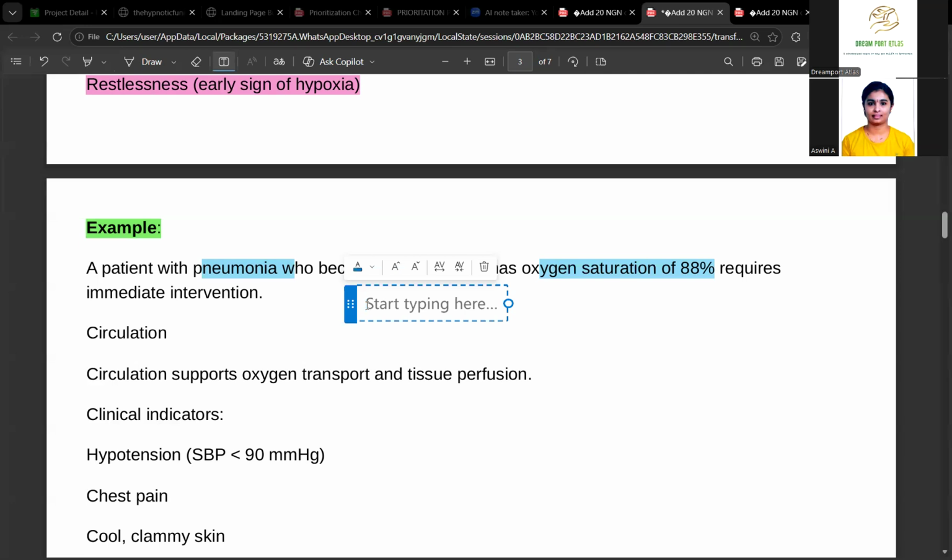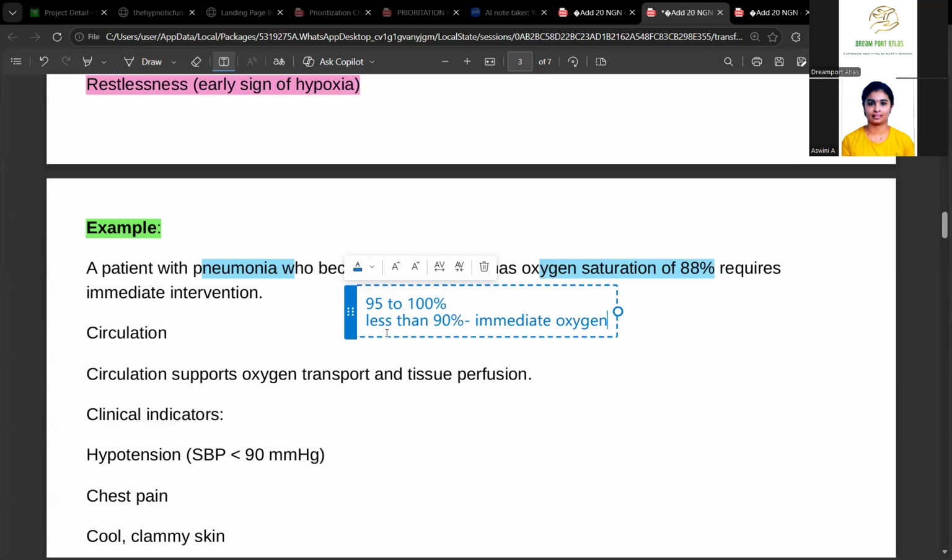If the client is showing less than 90, the client immediately needs oxygen. Yes, normal saturation is 95 to 100 percent. But if the client is having SpO2 less than 90 percent, the first management is immediate oxygen.